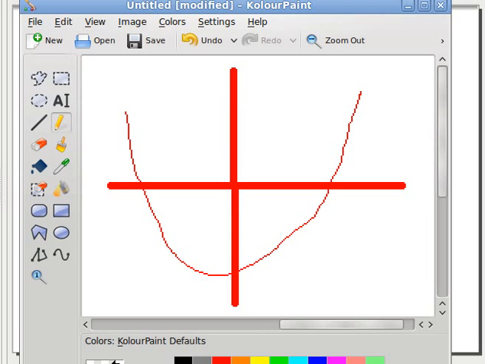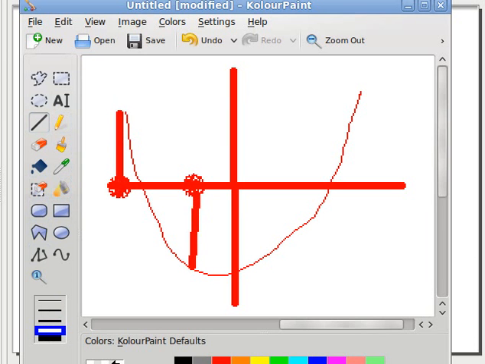Suppose I was to pick this point here. The f of this point, would it be positive or negative? Positive, okay? And then suppose I was to pick this point here. Negative. So if I was to pick this, it'd be positive, and if I was to pick this, negative. And notice that there's a root in between the two.